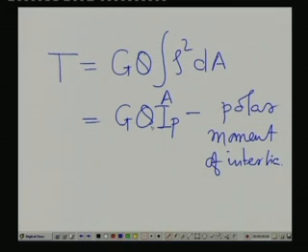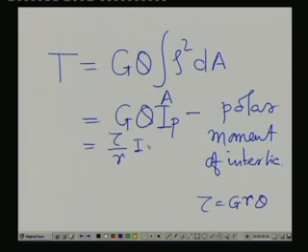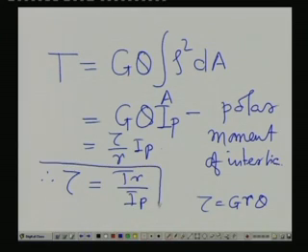Now, again if we look back at the earlier expression, we got tau equals G R theta. So, at the extreme radius, G theta can be replaced by tau by R into I P. Thereby shear stress tau equals T R by I P. This is a very important relationship.